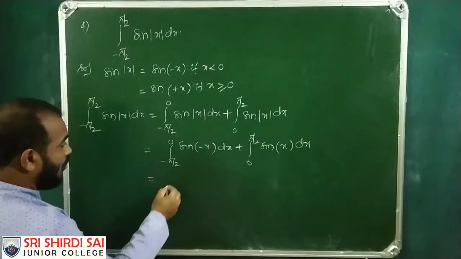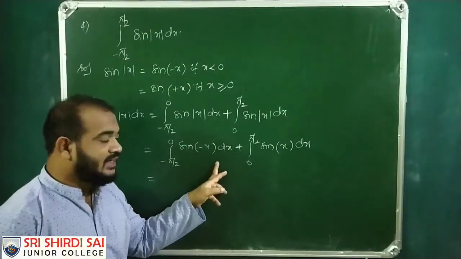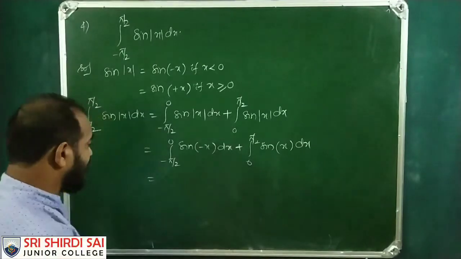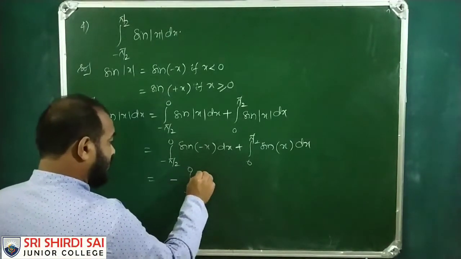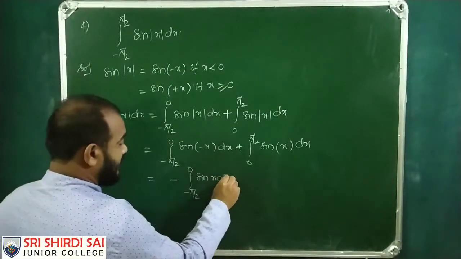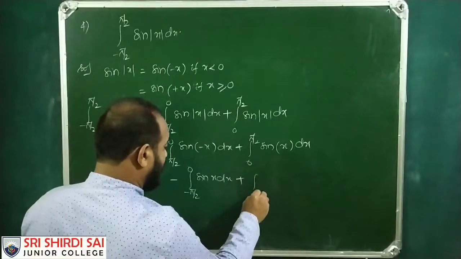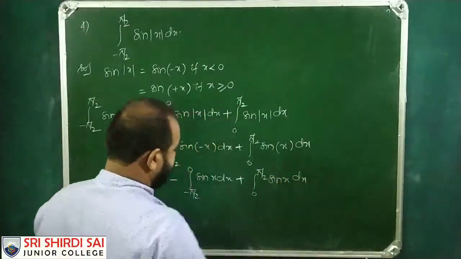We all know sin is an odd function, so sin of minus x is minus sin x. So the integral from minus pi by 2 to 0 of minus sin x dx, plus the integral from 0 to pi by 2 of sin x dx.